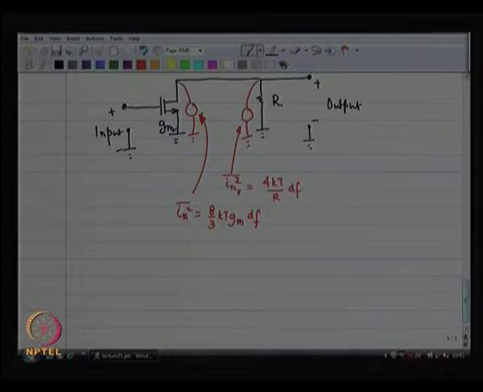Now, what is going to be the story? What is the total output noise? So, you take each noise source and find out the voltage that it produces at the output. So, I have got a noise current, 8/3 kT gm, over here. This one is a noise current, and the voltage it produces at the output is the current times the impedance of that node.